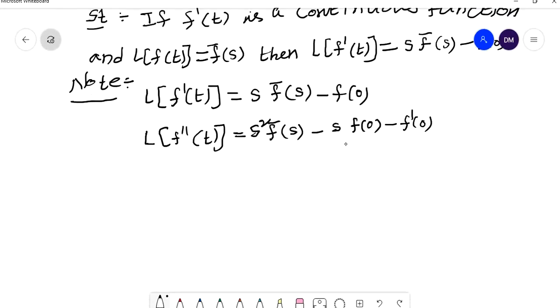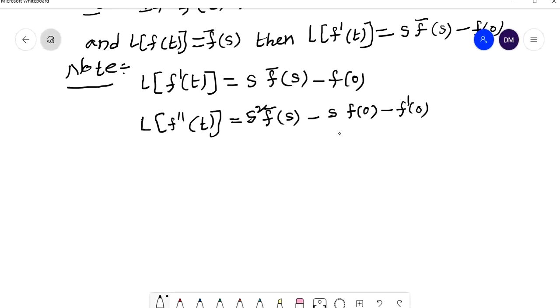Similarly, what is the Laplace transform of the third derivative of f of t? Third derivative means you start with s cubed.